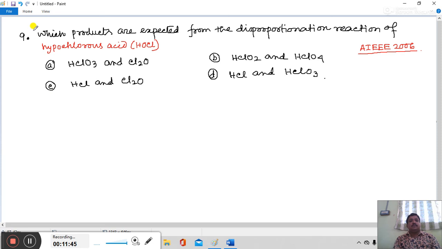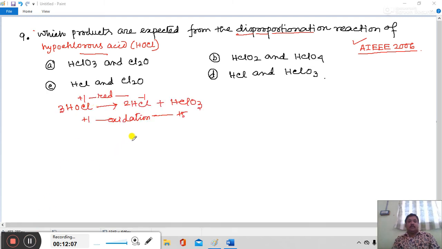My next question is, which products are expected from the disproportionation reaction of hypochlorous acid? There are 4 options also. This question came in the AIIMS 2006 exam. Now we know HOCl undergoes a disproportionation reaction to form HCl and HClO3.